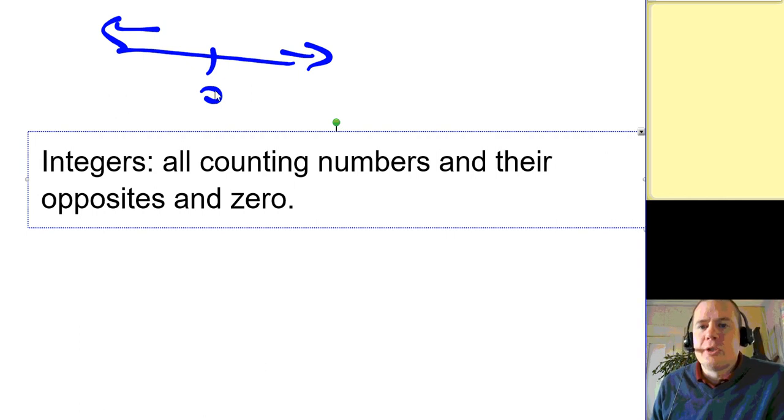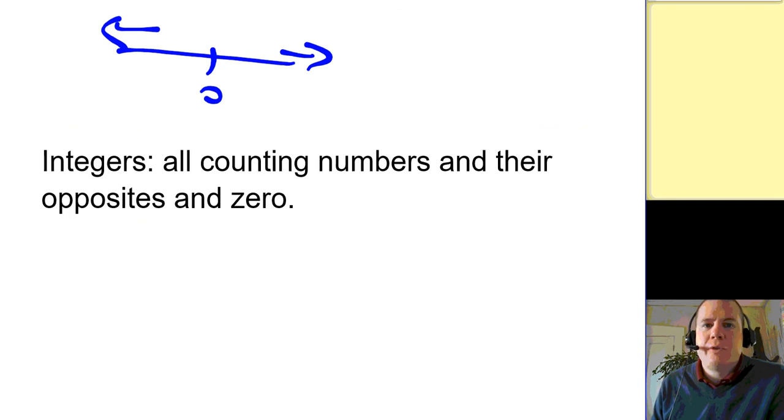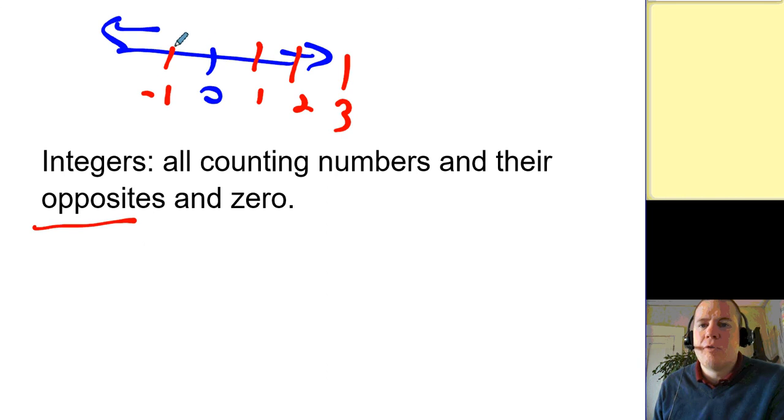But certainly 0 is an integer, right? So I've got 1, 2, 3. And then also the opposite of that, the opposite of 1. 1 in the other direction, 2 in the other direction, 3 in the other direction. I extend my number line out. And going on forever to infinity, and then going on this way forever to -infinity.